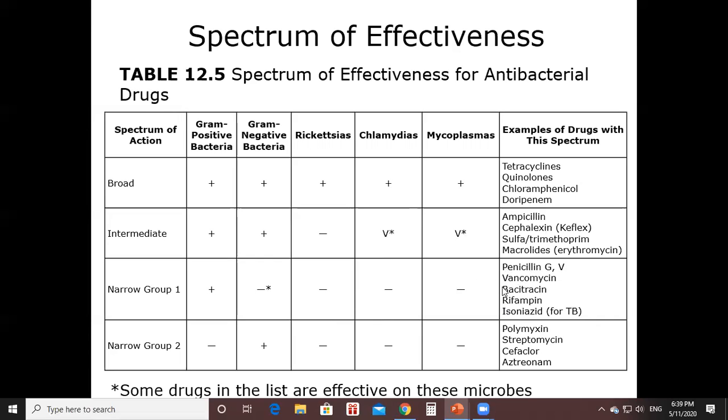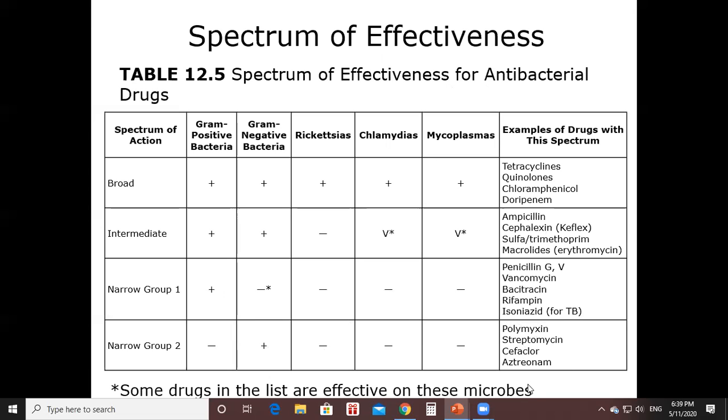These antibiotics are limited to gram-positive, and some of them can do some gram negative as well. Then you have narrow group 2, which affects the gram negatives, but doesn't affect the gram positives, and doesn't affect the rickettsia, chlamydia, and mycoplasma.